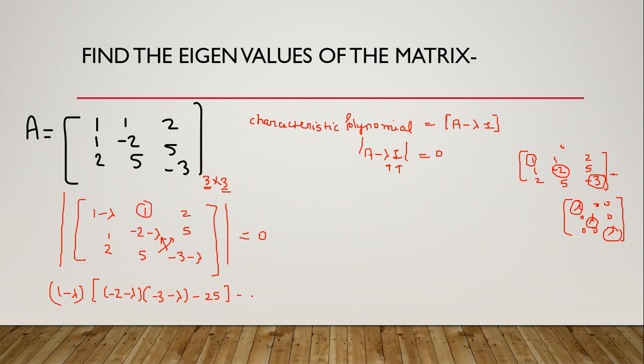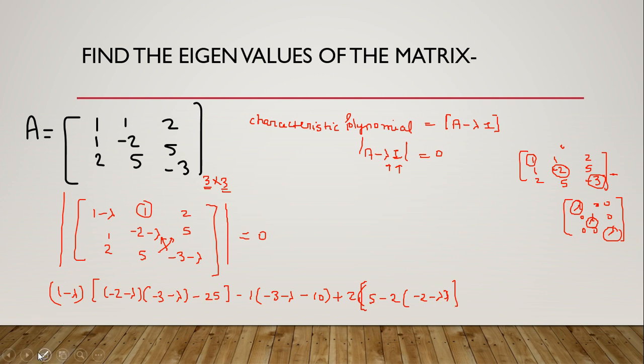Minus the second element, then hide the row and column of that particular element, and find the determinant: minus 3 minus lambda minus 5 times 2 is 10. Then plus 2, I hide this row and column having 2 as its common element. Now 5 minus, when you do minus, okay, let's do it step by step. So minus 2 and minus 2 minus lambda.